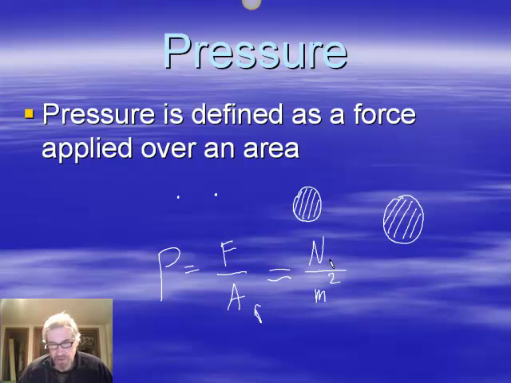Now, a Newton of force turns out to be fairly large for gases, and a square meter turns out to be really large for most practical purposes. And so this unit of pressure is sort of impractical, and we end up having to scale it down. It's been given a name, the Pascal, after a French mathematician and scientist, and the abbreviation is Pa, Pascal. 1 Newton per square meter.